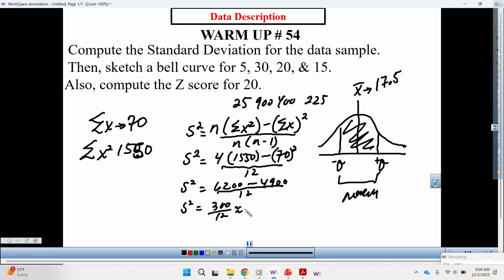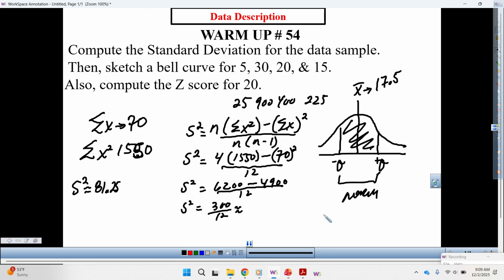What did you get for the variance? Let's go with Thomas. What'd you get? You did the long way? Okay, what did you get for the variance? Yeah, before the square root. 81.25?